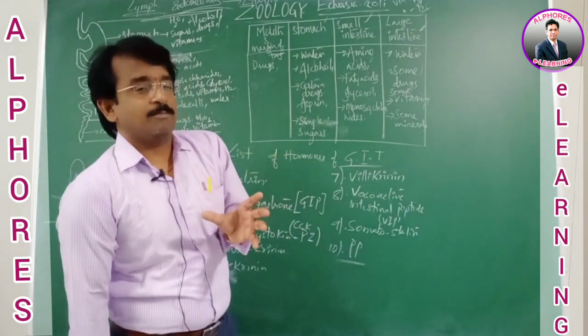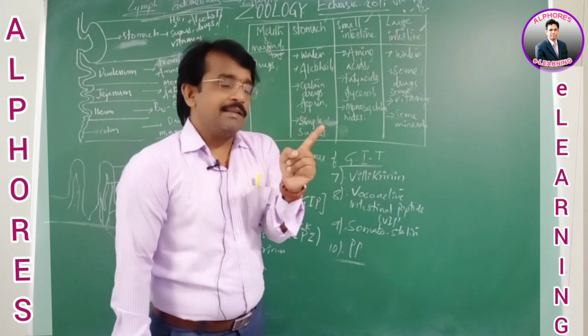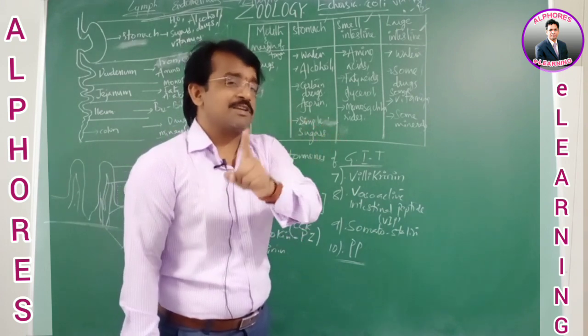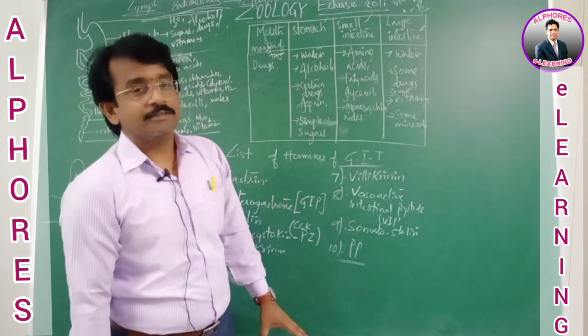The anus has the internal anal sphincter, which is smooth muscle, involuntary, and the external anal sphincter, which is voluntary.